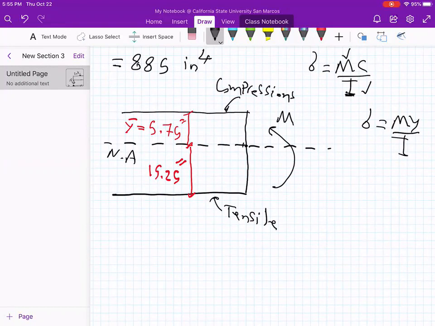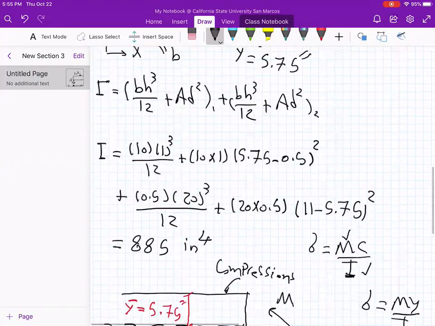So if we apply this moment, the deformation shape would be something like that. This is compression, this is tension. Okay, let's get back to the problem.